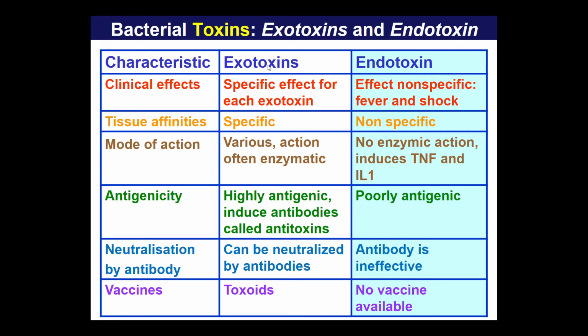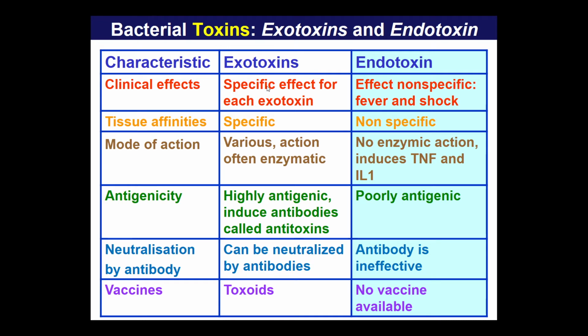So, toxins are divided into exotoxins and endotoxins. Let's compare these two different types of toxins. So, clinical effects first. It means capacity of this substance of causing specific clinical symptoms, specific for the certain disease.